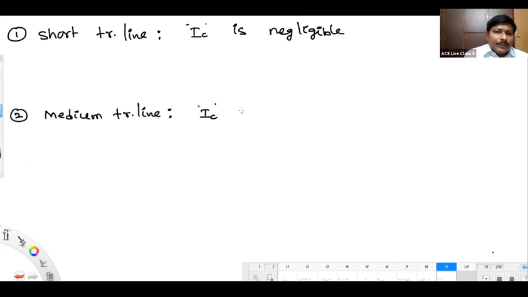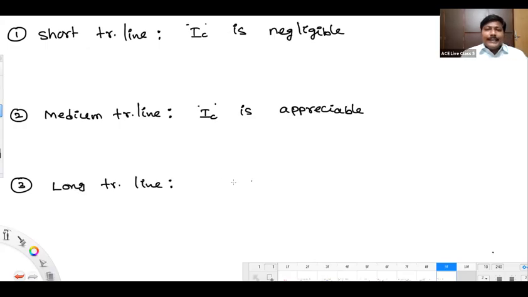Charging current is appreciable in number. Third one, long transmission line. Charging current is high in value. Okay, done. Next.